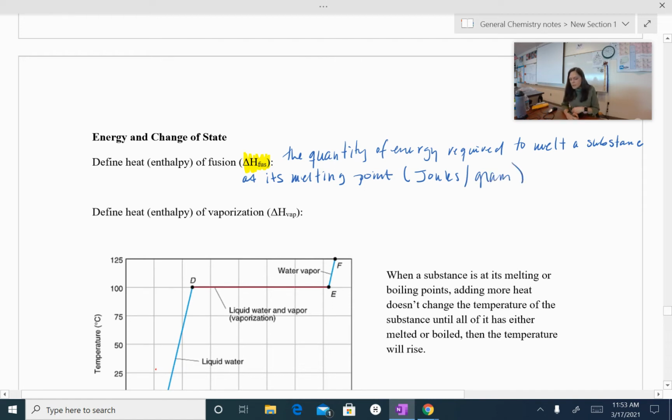Okay, so if the heat of fusion is the quantity of energy to melt something, what do you think the enthalpy or the heat of vaporization is?